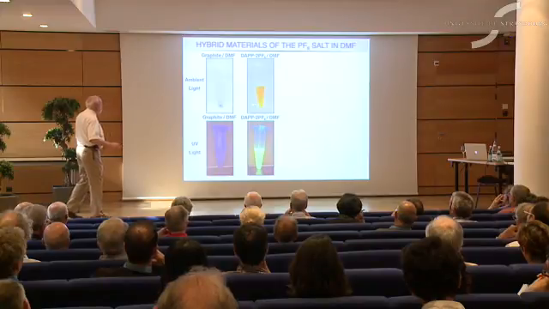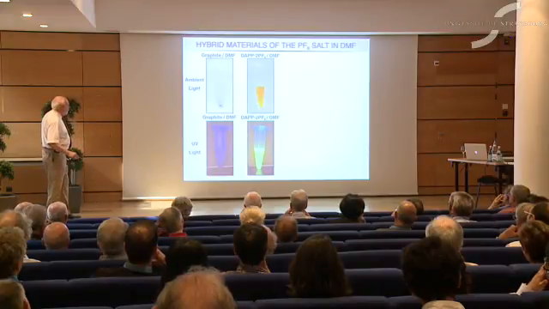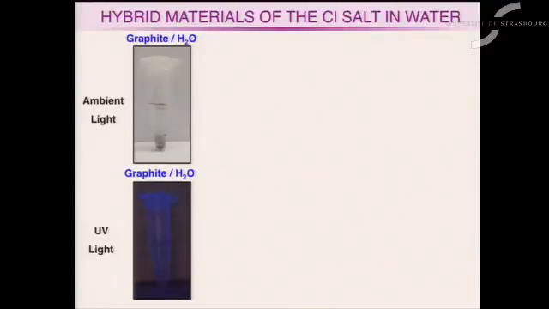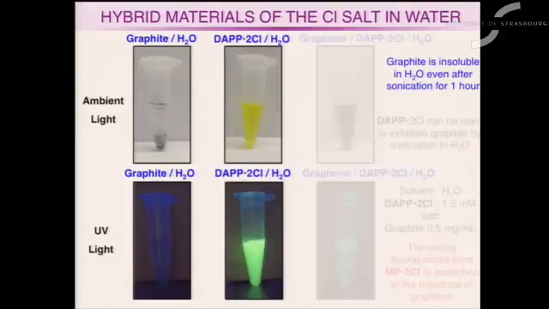And the, of course, situation is that after about an hour of sonication, one sees here quite an impressive amount of fluorescence. And then when the graphene is present, that fluorescence, of course, is quenched because of the interaction with the pi systems. And this can be repeated in water using the chloride salt, exactly the same situation.